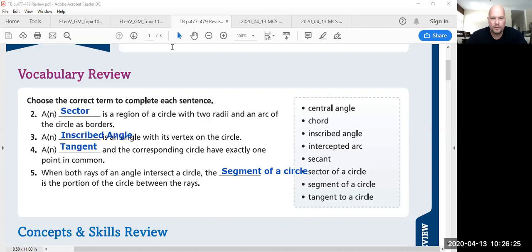So if we drew a circle, there it is, and we had some lines here. When both rays of an angle intersect a circle, the blank is the portion of the circle between the rays.